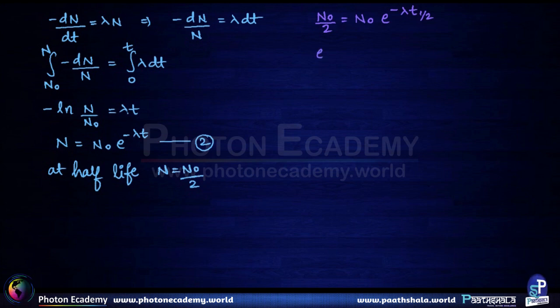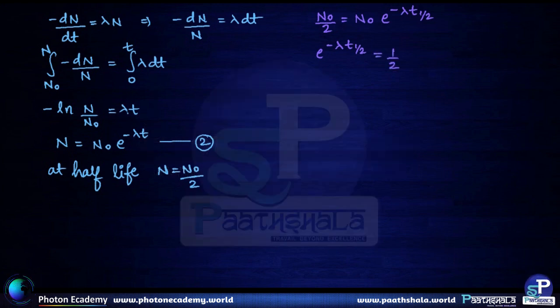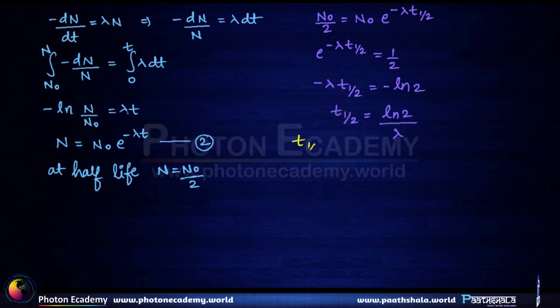We get e to the power minus lambda t half equals half. Taking natural log on both the sides, we get minus lambda into t half equals minus ln 2. So the half-life comes out to be ln 2 by lambda.